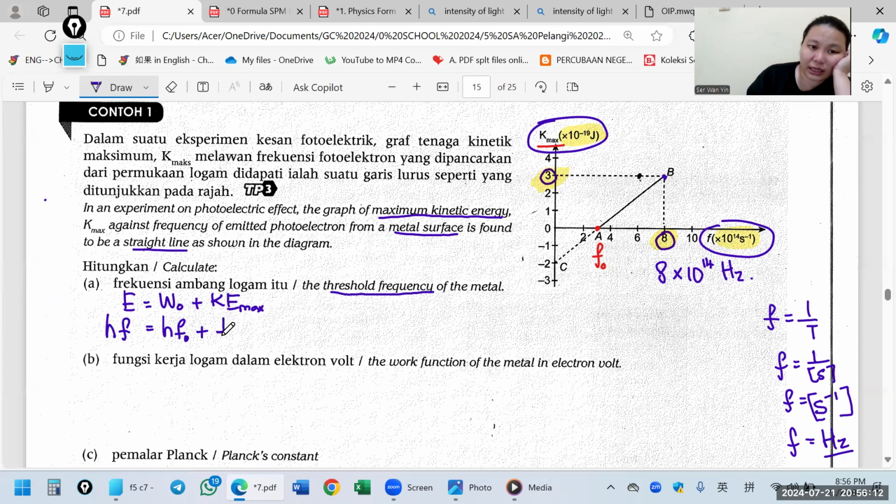This one needs no half mv squared because they don't give m or v, but they already give the maximum.